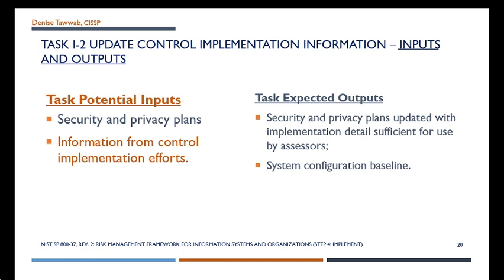The inputs to this task are, of course, your security and privacy plans and information from control implementation efforts. What did you learn in the field when you tried to implement the controls? The expected output is going to be security and privacy plans that have been updated with implementation detail sufficient for use by assessors, and also a system configuration baseline.